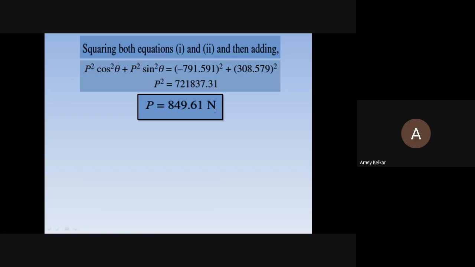And as there was no component along the vertical axis, we used summation Fy is equal to Ry is equal to 0. We solved the Fx equation, equation number 1, and the Fy equation, equation number 2. When we solve Fx and Fy, we have two equations; squaring and adding, we get the value of P. Now next, I'll divide equation 2 by 1.